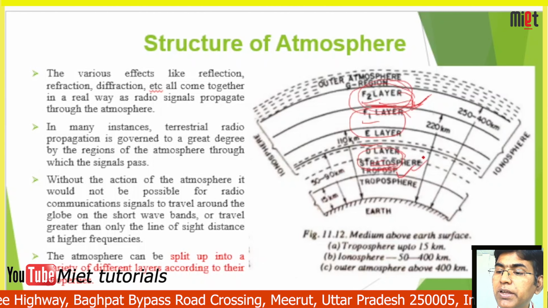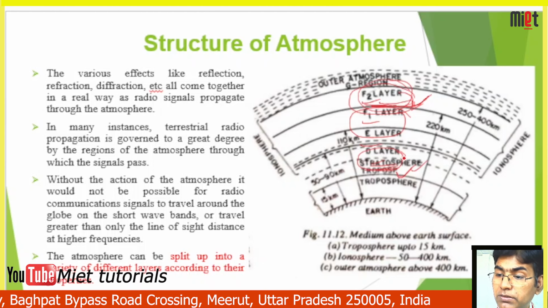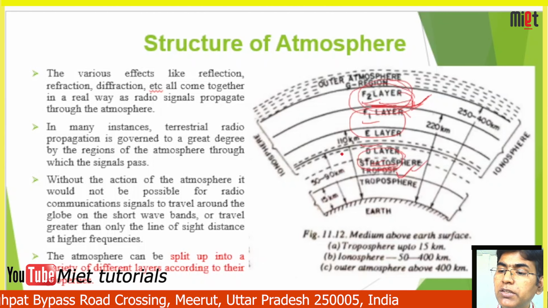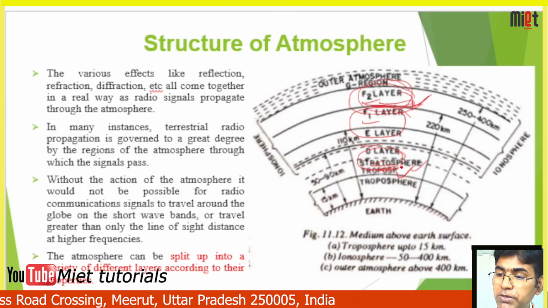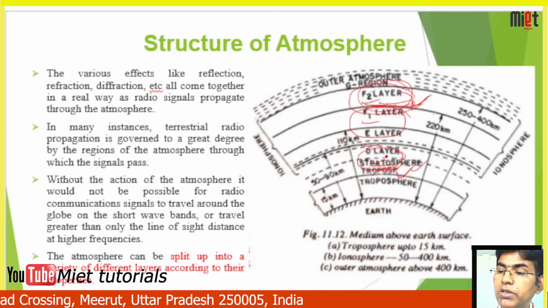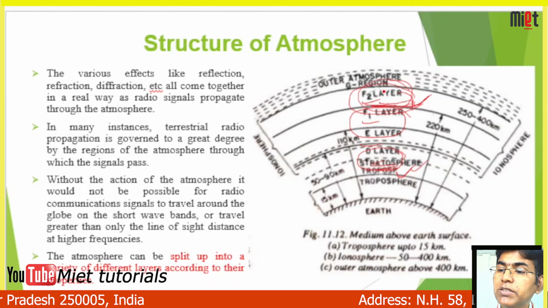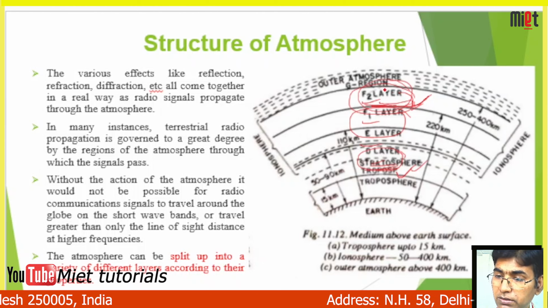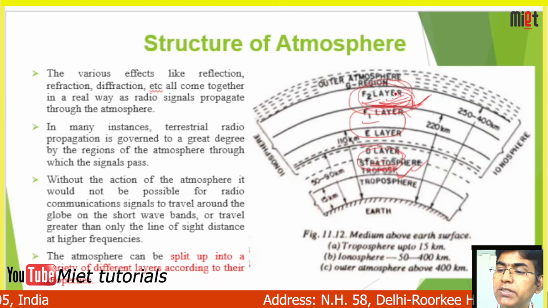During night time, D layer electrons get combined, and the D layer is eliminated completely in the night. The reason is that in the lower region there is a high density of atoms, so there are high chances of collision, and ionized atoms can easily collide with each other, and electrons will further get recombined. In the upper layer, atoms are far away, so chances of collision are less and recombination is therefore less, so density will remain high. These layers will therefore be available in the night as well as in the day, while the D layer is eliminated in the night.